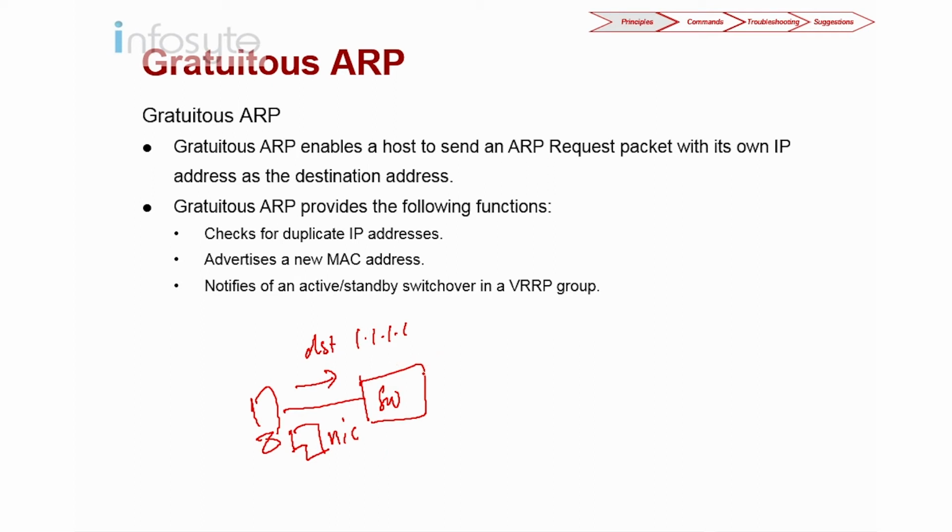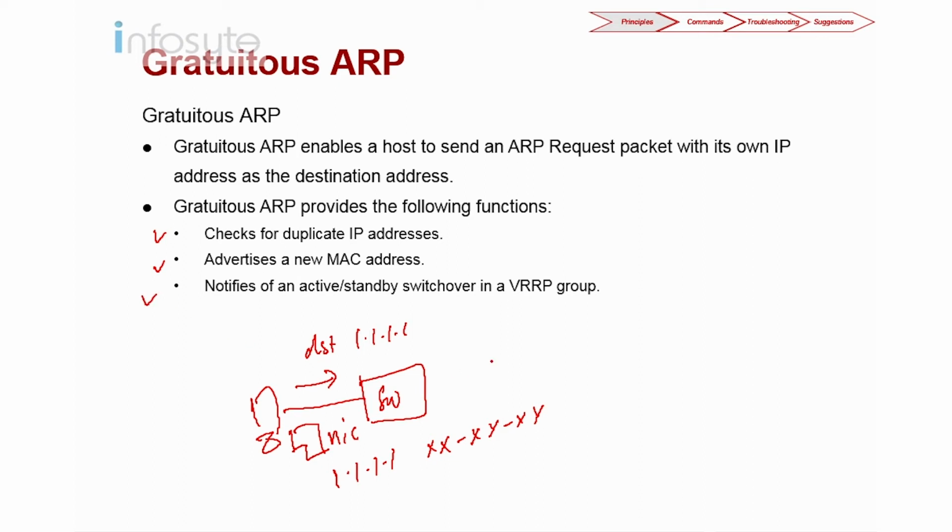So it's going to try to tell the rest of the network, saying that hey, my IP address is 1.1 with a new MAC address. So that's the second reason why you want to use a Gratuitous ARP.